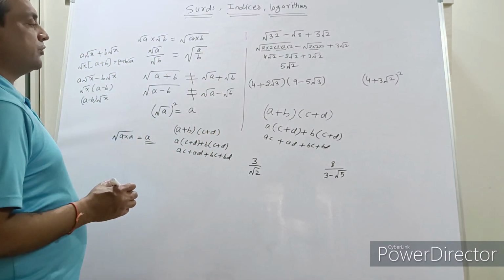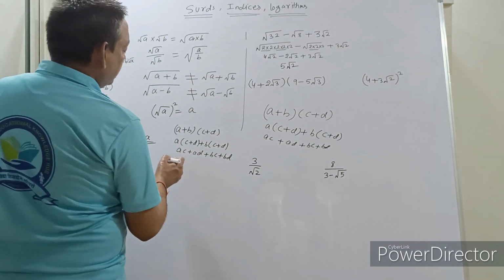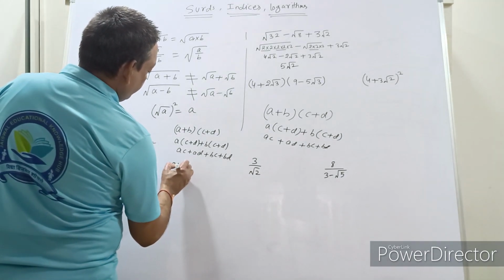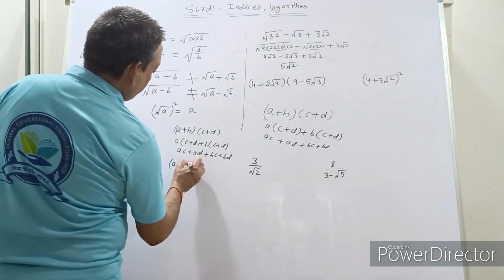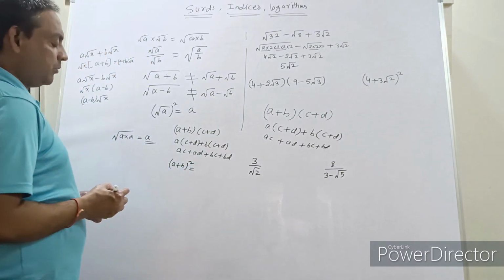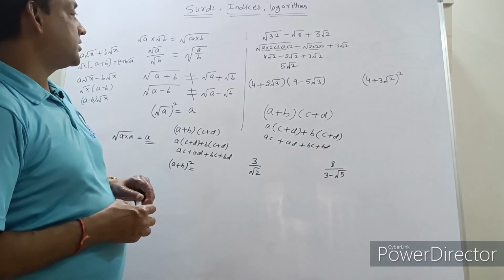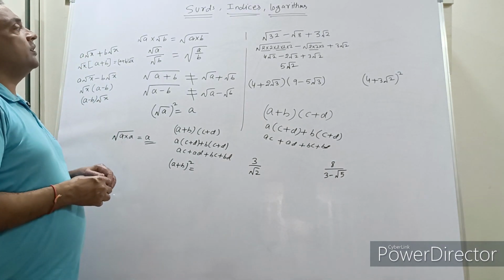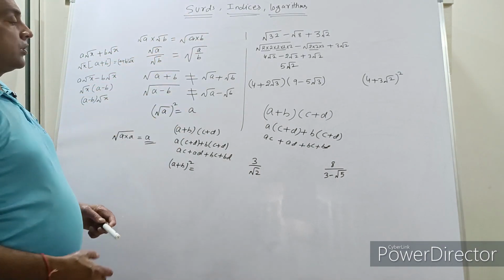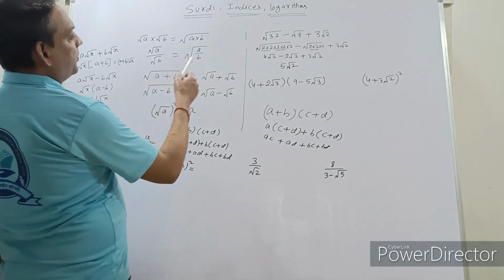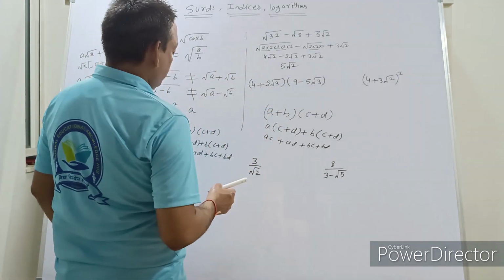Okay, this is one formula. Then we need a plus b the whole square. Means whatever formula we did in algebraic expressions in the normal sum, the same formula we'll use in the Surds chapter also. Only instead of a proper number you might get a root number also.